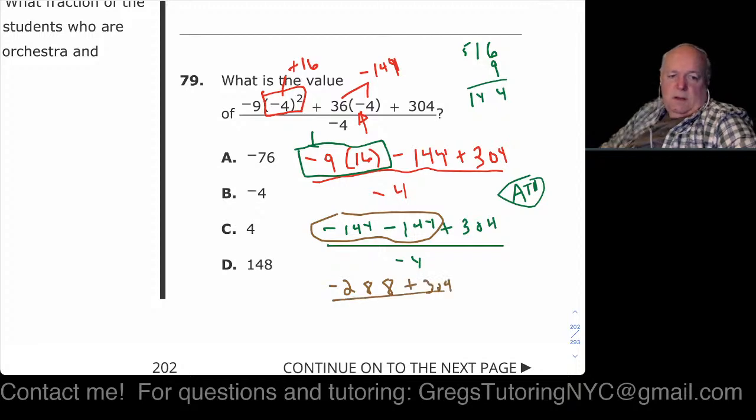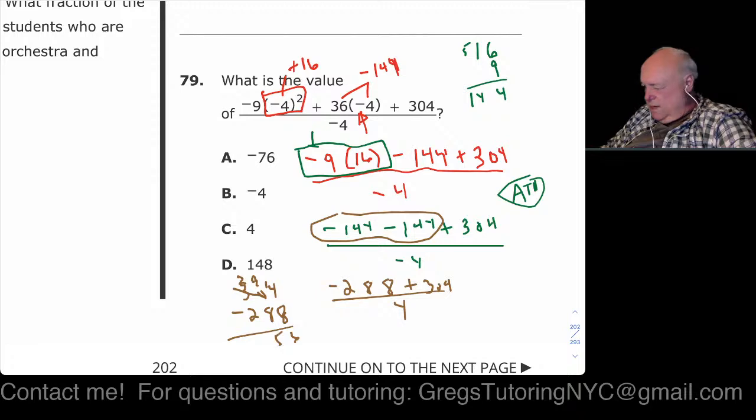Okay, so that literally is 304 minus 288. I can't take 8 from 4, so I have to take from here. I can't take from the 0 either, so I have to make this a 29. That's a 1. This is 6, 5. So I believe that's 158.